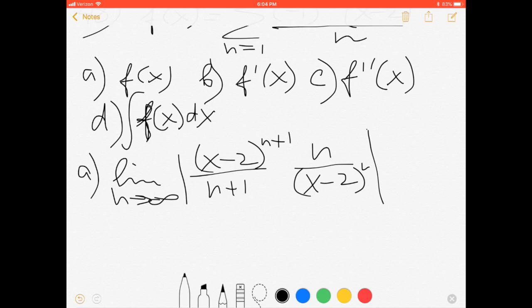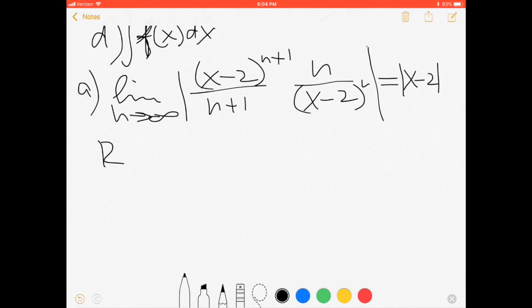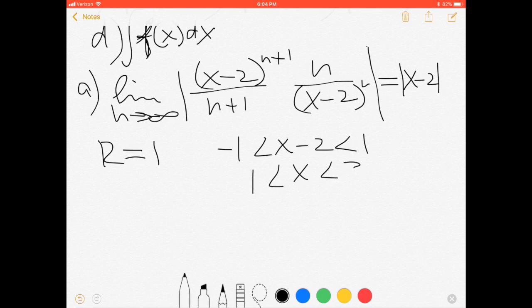Because we're doing it a couple of times, I think you can write it as the absolute value of x minus 2. The radius of convergence will be 1. The interval: x minus 2 between negative 1 and 1, so x between 1 and 3.